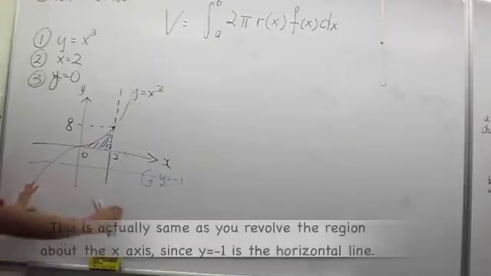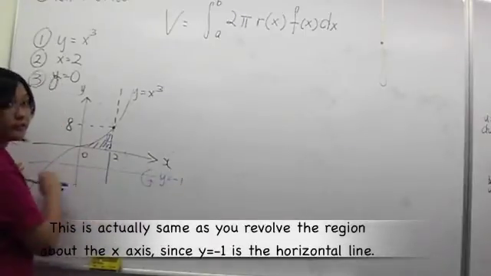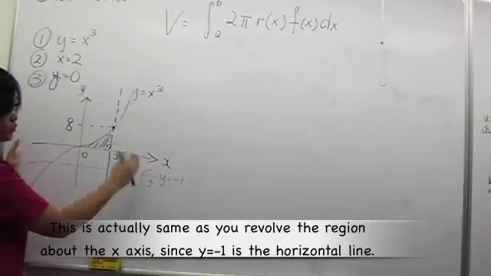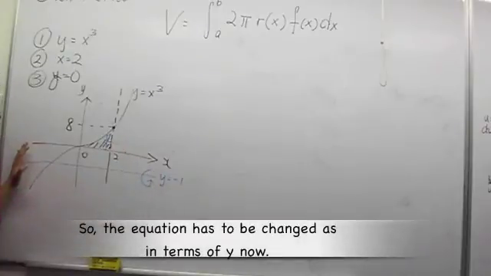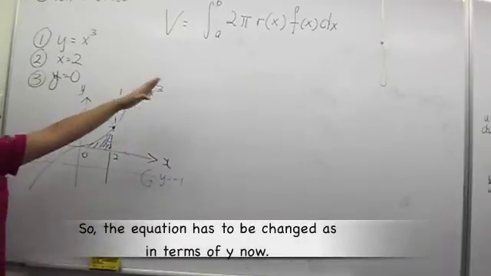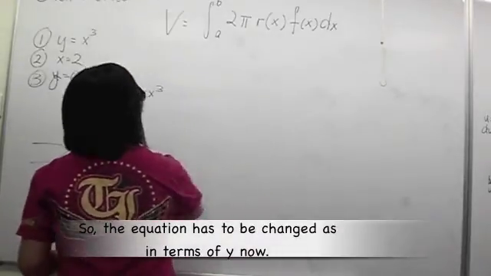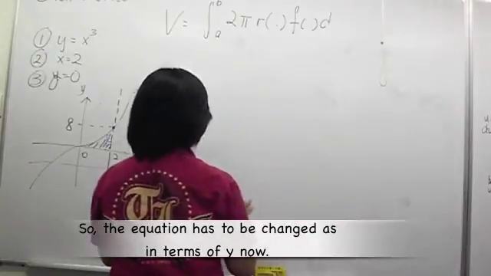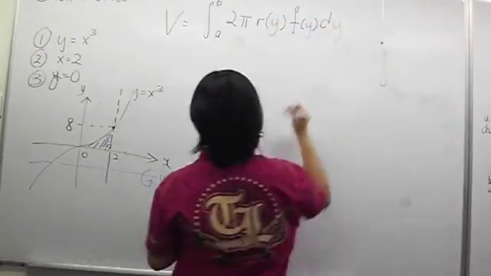For here, y equals -1 is actually a horizontal line. So it is the same as revolving the region about the x-axis. So everything should be in terms of y now. R(y), f(y), and dy.